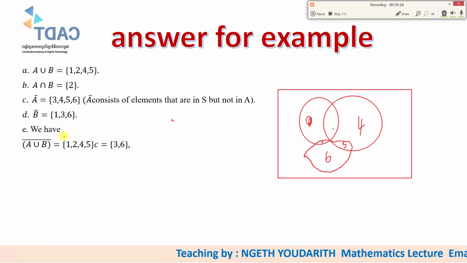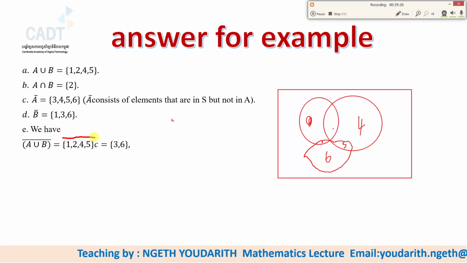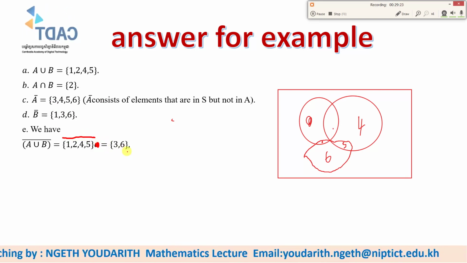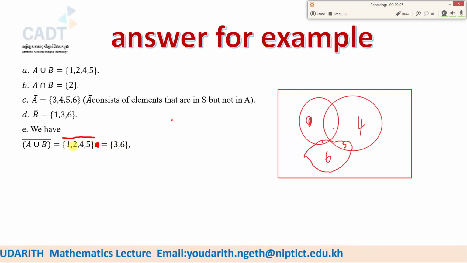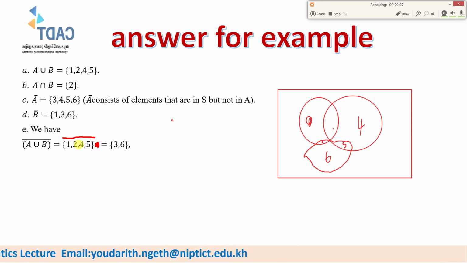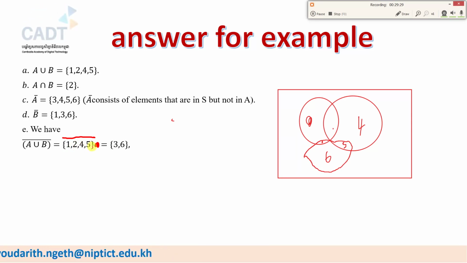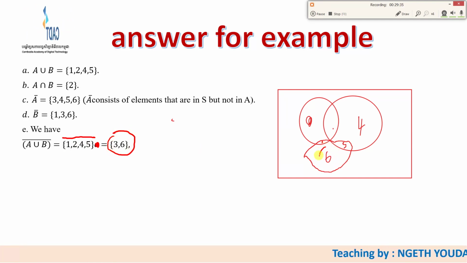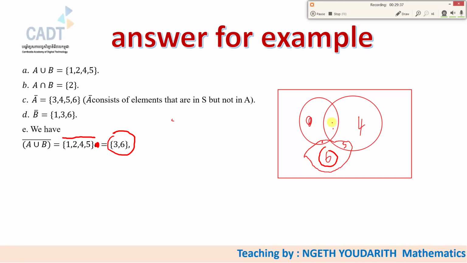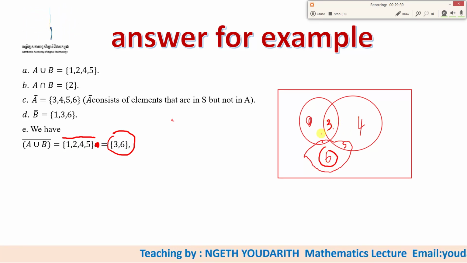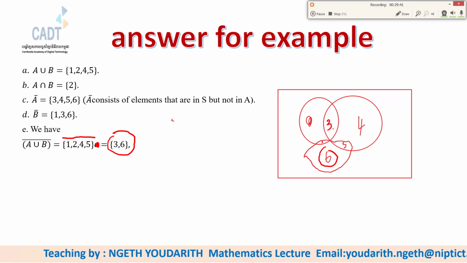It means that we just take this one, and it's not 1, 2, 4, and 5. So it is only 3 and 6. We got 3 and 6.